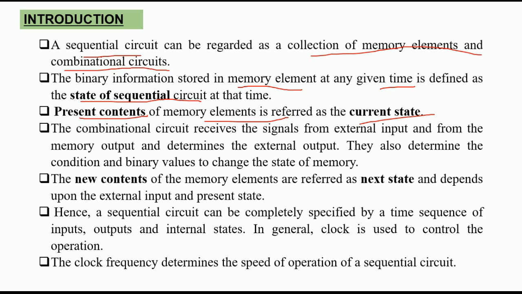Coming to the fourth point, the combinational logic circuit receives signals from external inputs and from the memory outputs. These two together, the external input and the memory output, determine the external output. They also determine the condition and binary values to change the state of memory.